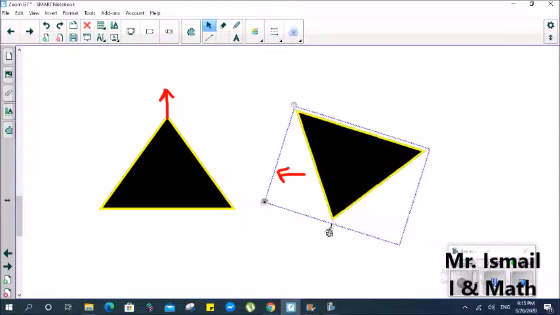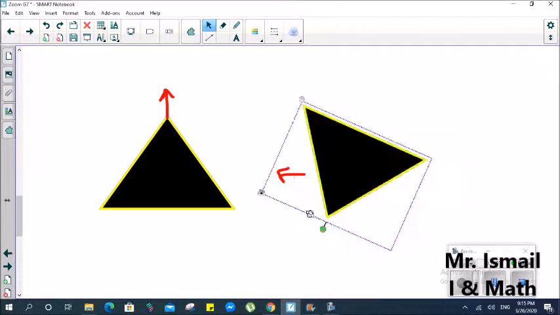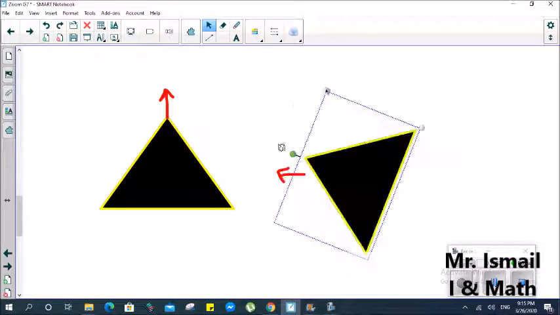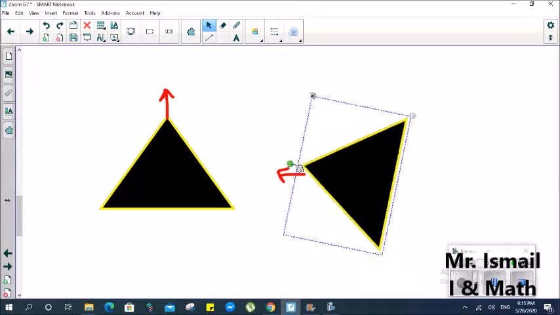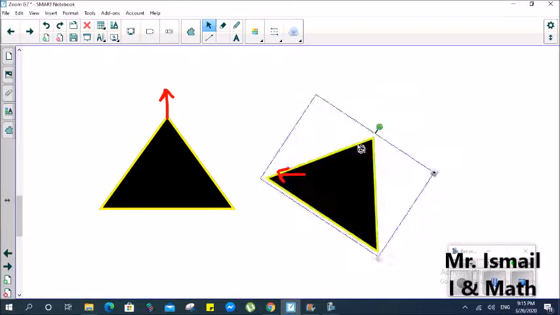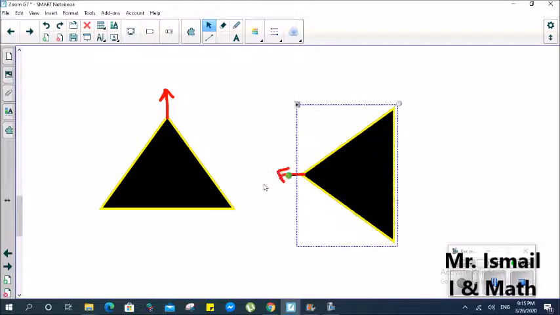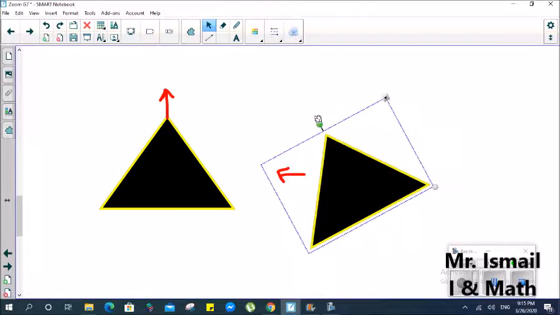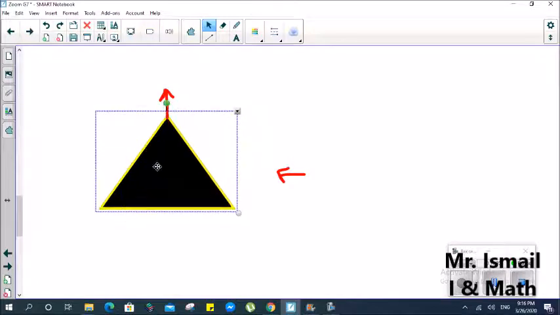I can rotate like this 90 clockwise, or like this 270 counterclockwise. Both are right. So let's rotate it 90 and translate it.